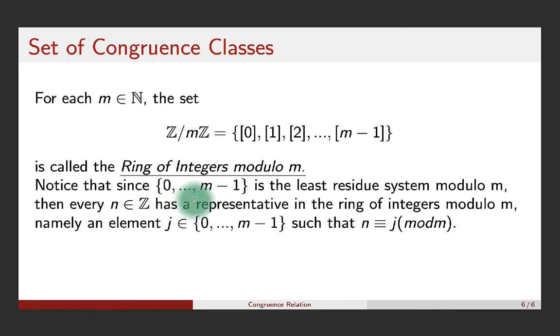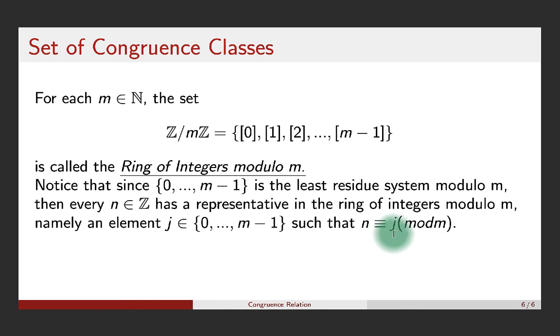Since the set 0, etc., m minus 1 is the least residue system modulo m, then every integer n has a representative in the ring of integers modulo m. So we can find a j such that n belongs to class of j.